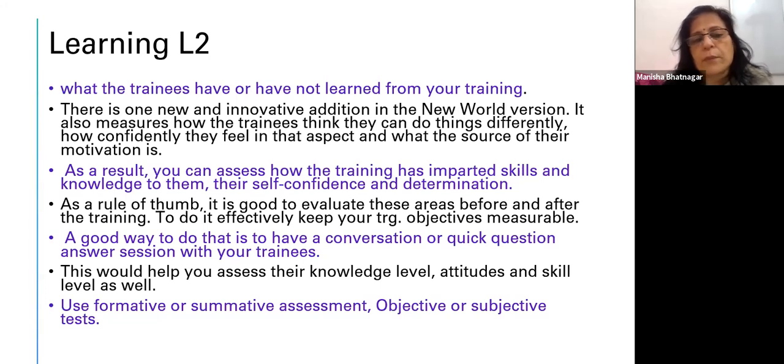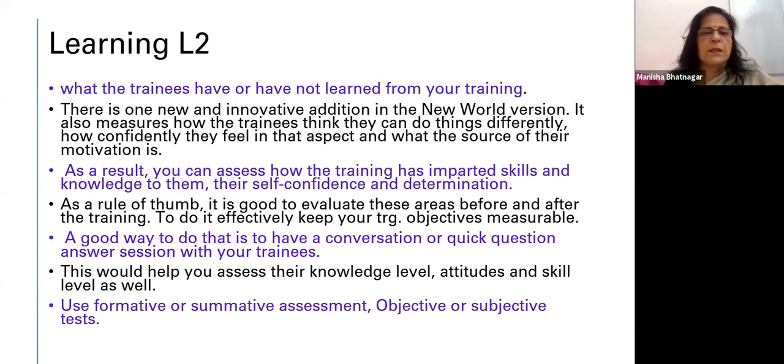I think you remember the difference between formative and summative assessments. Formative is when they do not have a fear of passing or failing. They just answer questions, or you put them through a test, or you give them an exercise to gauge the enhancement in their knowledge. And summative assessment is when you declare them pass or fail, whether they have really done it or not.